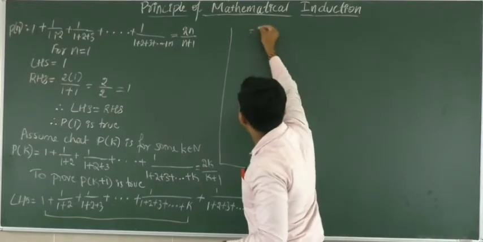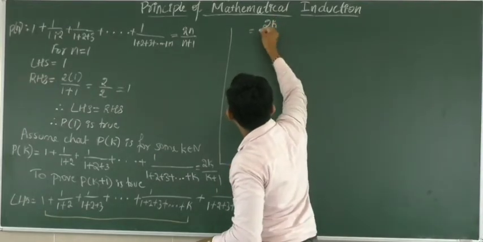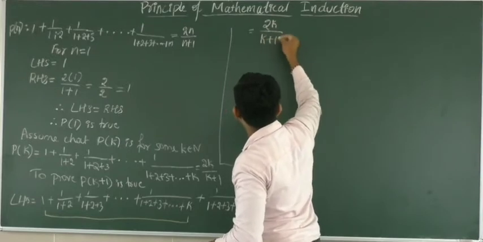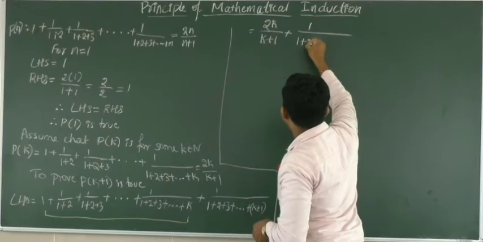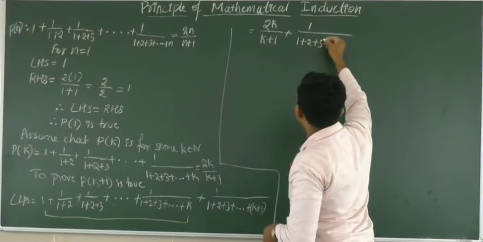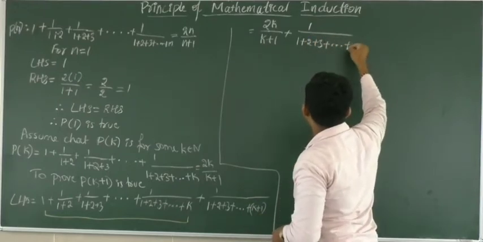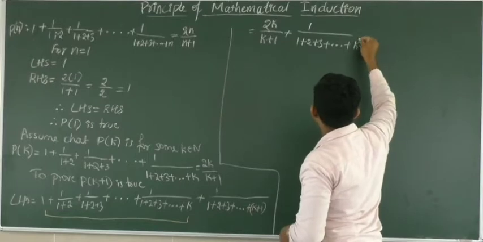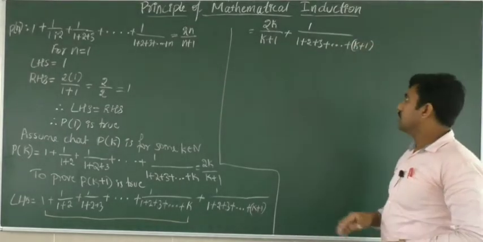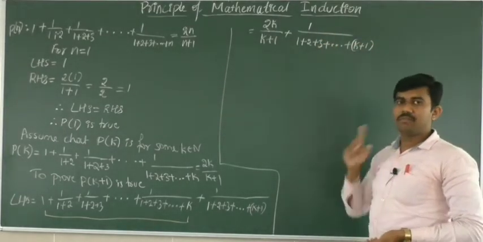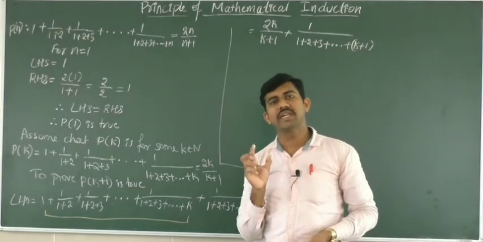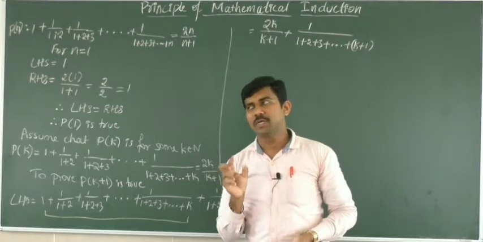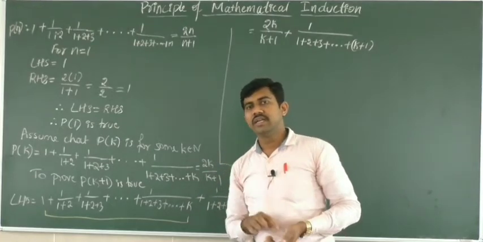So we get 2k divided by k plus 1, plus 1 divided by 1 plus 2 plus 3 plus so on plus k plus 1. Now look here, the denominator of the second term is the sum of the first k plus 1 natural numbers.